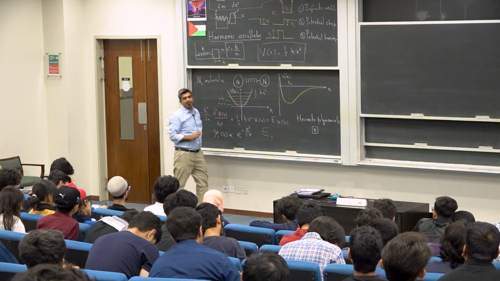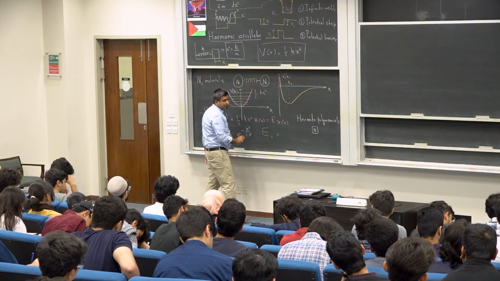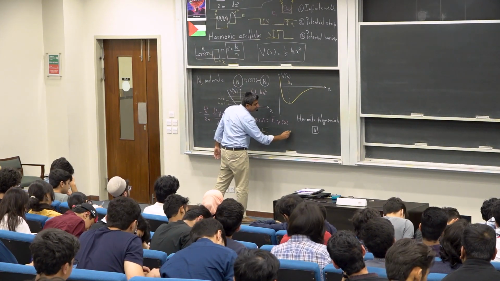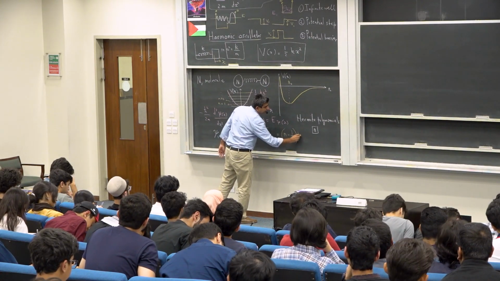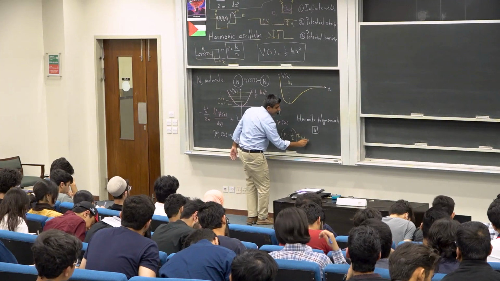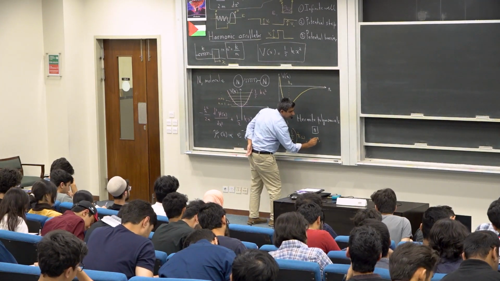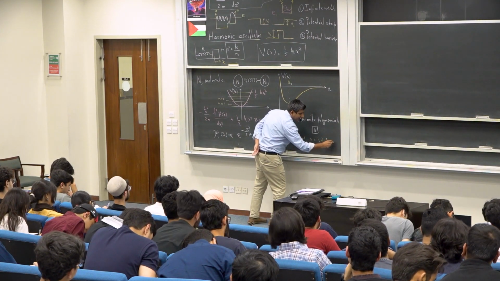The energy of the nth level is given by (n minus 1/2) h bar omega, where n can be 1, lowest energy level, 2, 3, and so on.